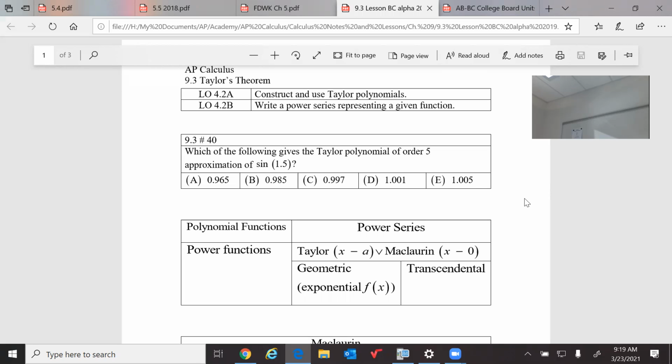So we've got polynomial functions and power functions. So a power function, ready? The independent variable is the base. And you have a polynomial function which has multiple power functions in it, as opposed to an exponential function.